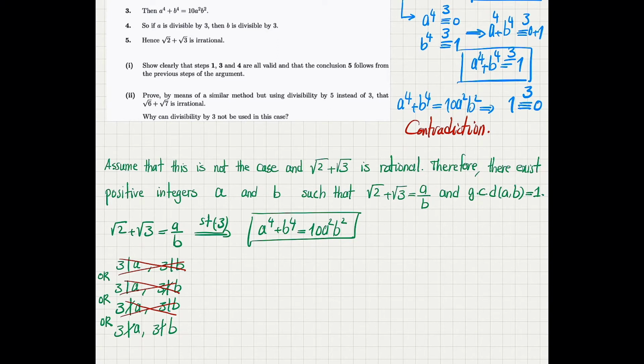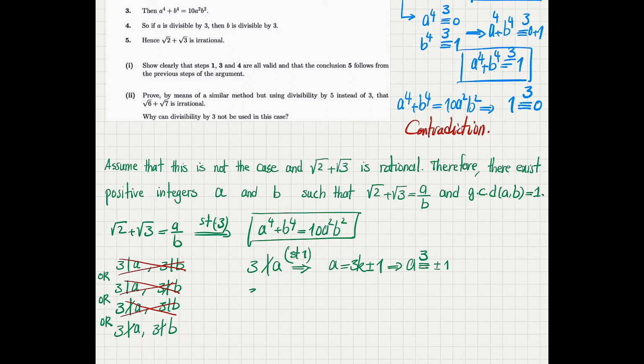Let us assume that 3 doesn't divide it. A is not divisible by 3. So do you remember what it means? By statement number 1, we have A is equal to 3k plus or minus 1. Again, this means that A is congruent to plus or minus 1 modulo 3.